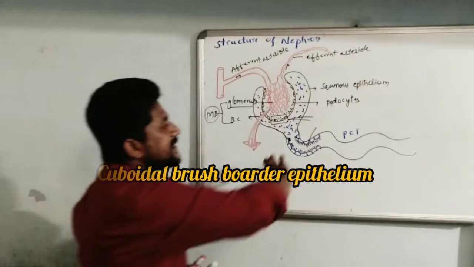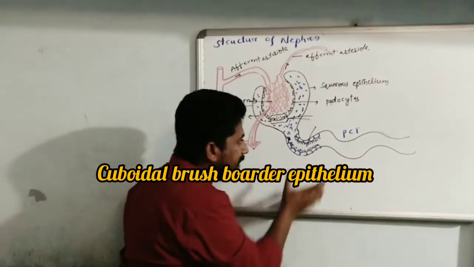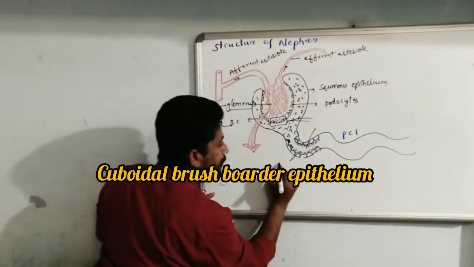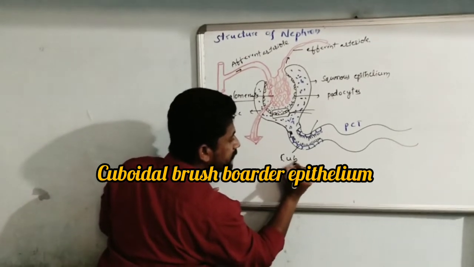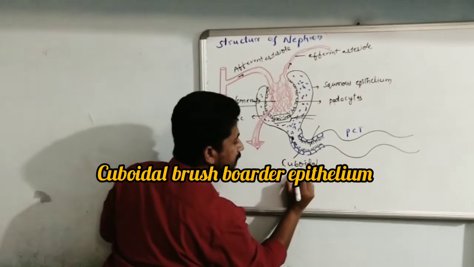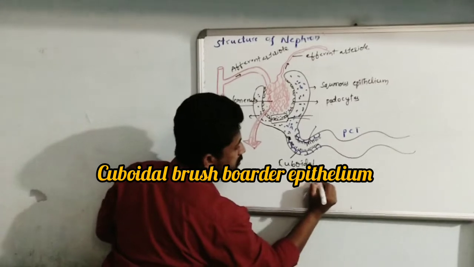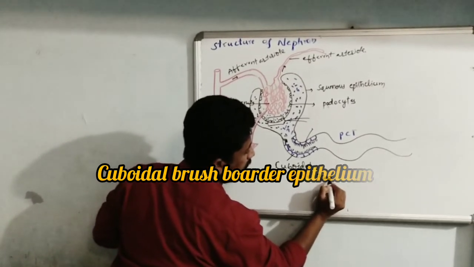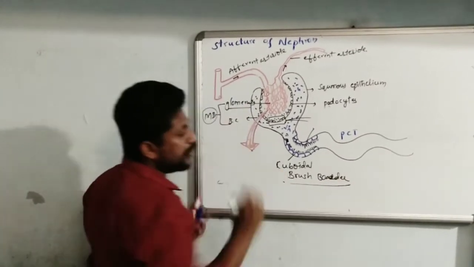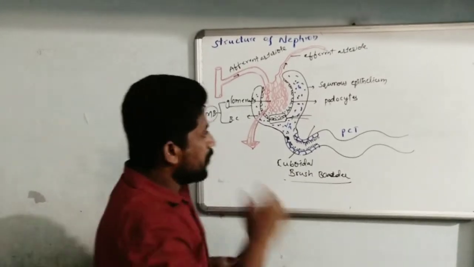So the PCT is internally lined by cuboidal brush border epithelium.